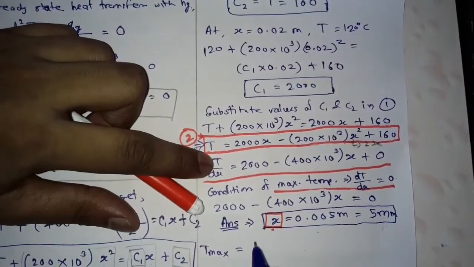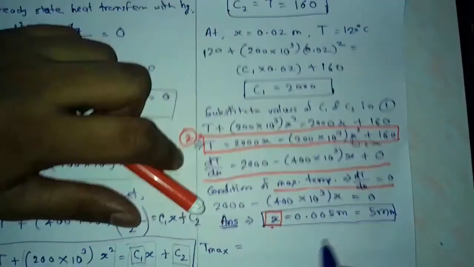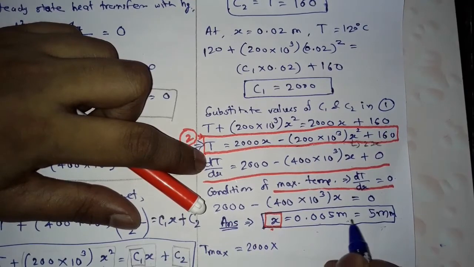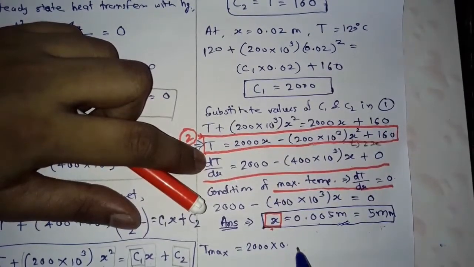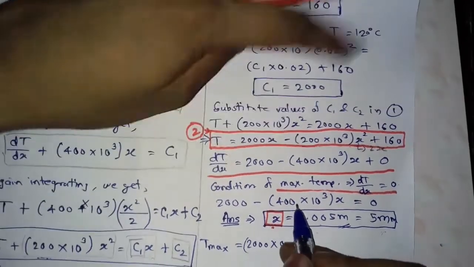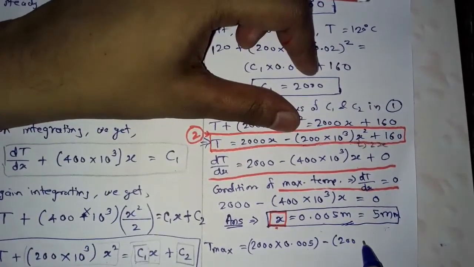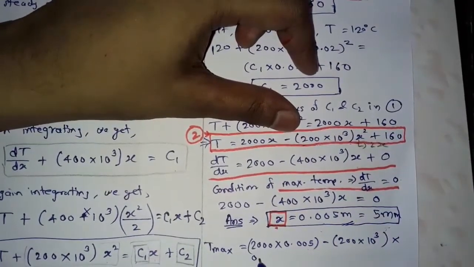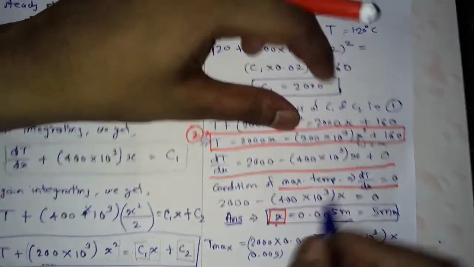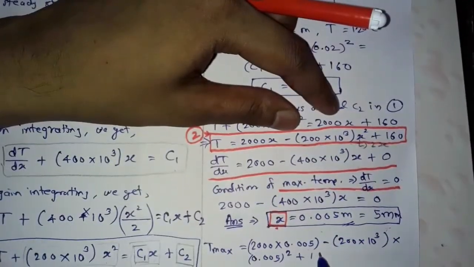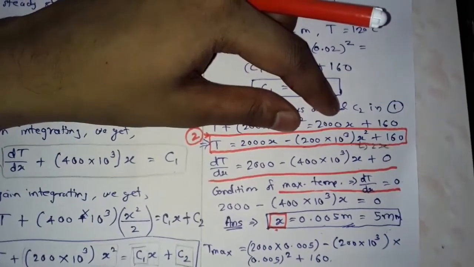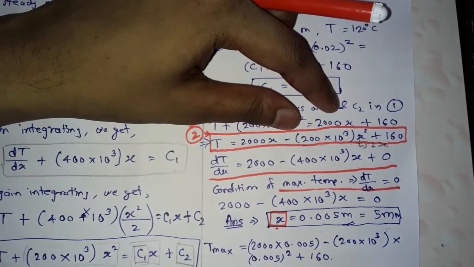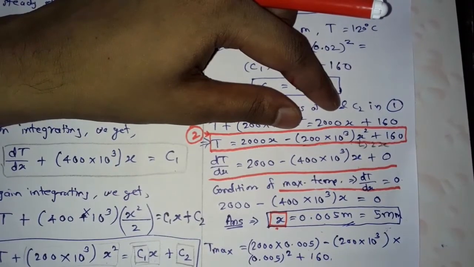T is equal to 2000 into, we need to put the value in meter, so 0.005 meter, minus 200 into 10 cube into 0.005 square plus 160. Now we have put all the values. After solving this whole equation, friends, we get T max is equal to 165 degrees Celsius.